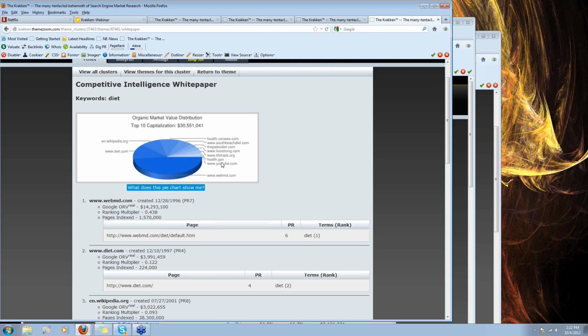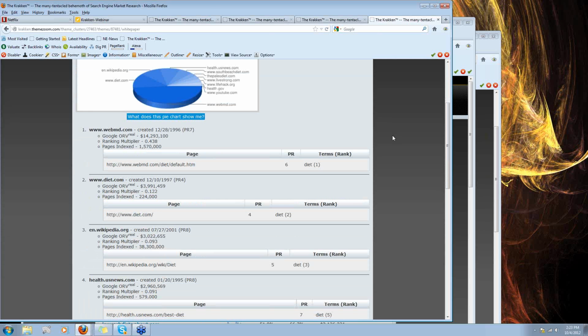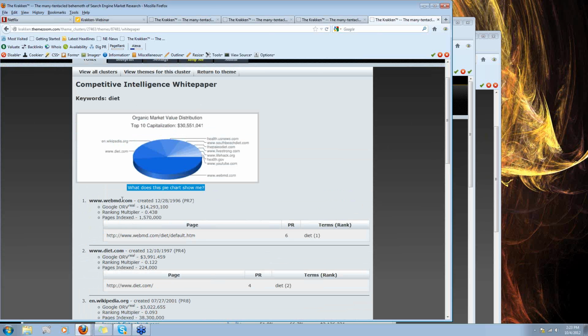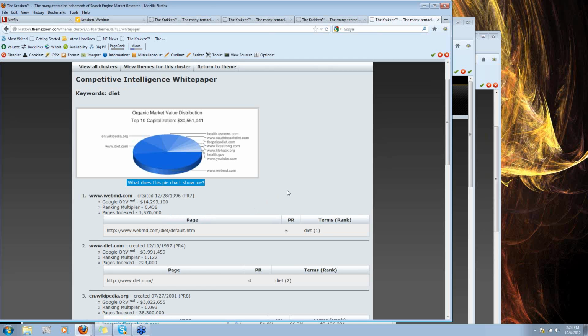It's not looking at it from a complete important keyword perspective. And so that's the difference between the competitive white paper and the ranked domain screen. Okay? And what this is designed to show you is how difficult it is to break into this market.